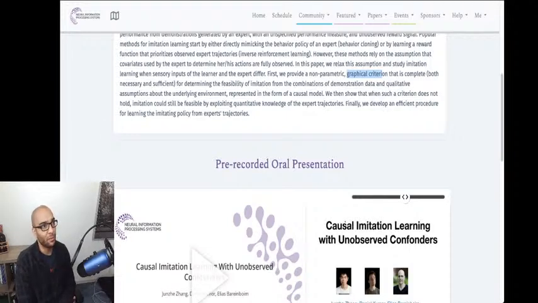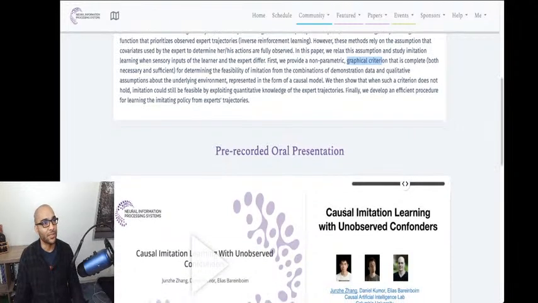Finally, we develop an efficient procedure for learning the imitation policy from expert trajectories. Okay. Efficient. That doesn't sound so exciting. It'd be nice to see if it was a procedure that was strictly better than normal imitation learning policy methods.